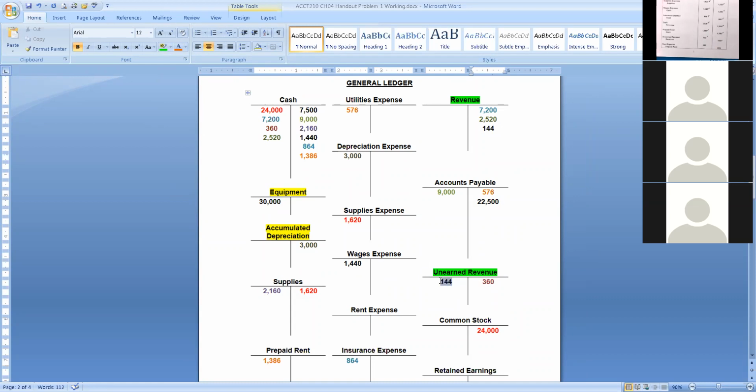But apparently, we have earned 144 of the revenue. So now it's no longer a liability, and it becomes just regular revenue. When we earn it, it goes into regular revenue. Revenue is, by definition, earned, but you can also say earned revenue.